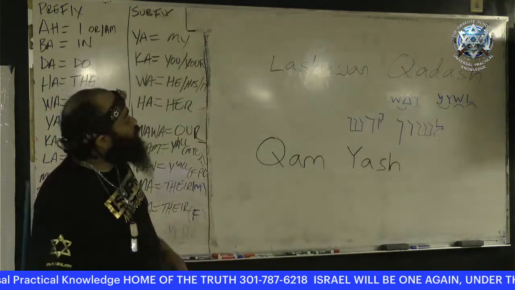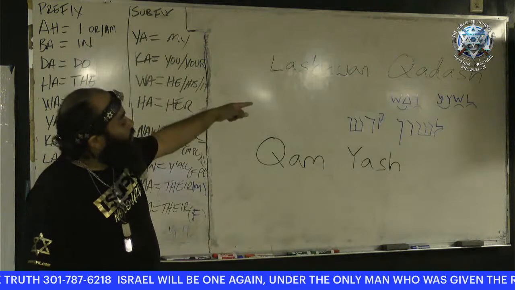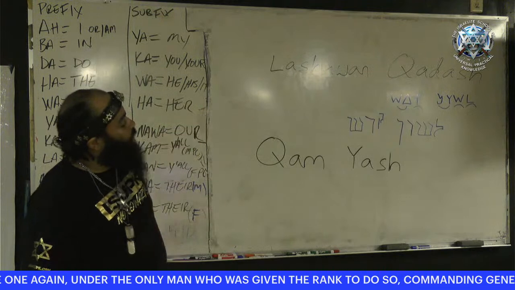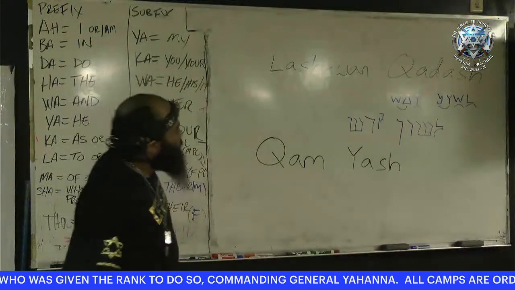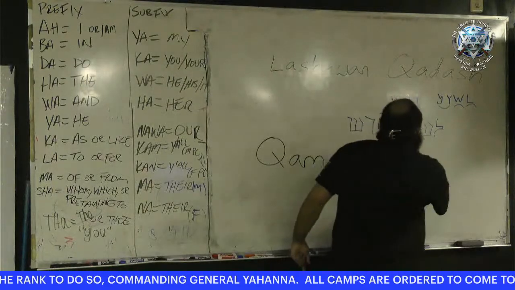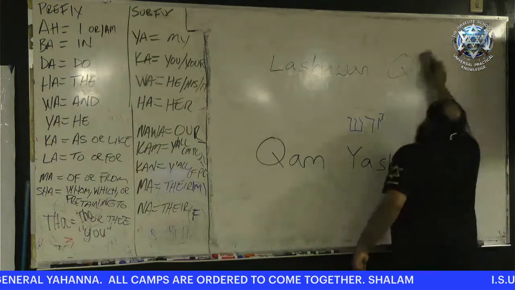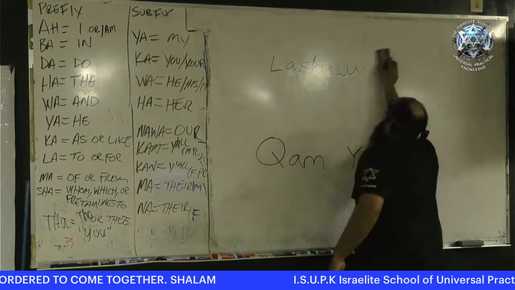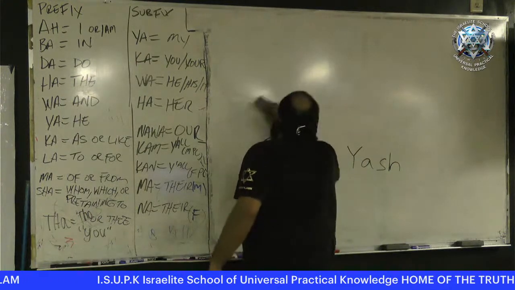So we have Lashawan Qadash, the holy tongue, in the ancient Paleo Hebrew, and then I was able to put it in the Assyrian Hebrew. We're about to erase it. This is just to get the wheels turning so we can get ready for the beginning of class, where I'll be going over the colors. And then when Officer Tazadak gets here, we'll be going over the meat of the lesson.